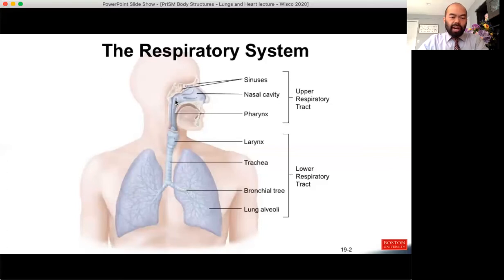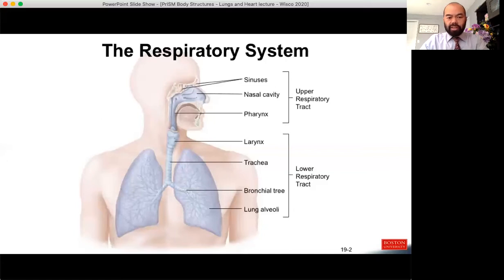So as air moves from the nasopharynx inferiorly through the oropharynx, it then enters into the larynx. Now, air, as you know, can also travel through the oral cavity and go into the oropharynx and into the larynx. What's important here is that air goes into the larynx and not into the last part or the most inferior part of the pharynx, which is called the laryngopharynx and clinically referred to as the hypopharynx.